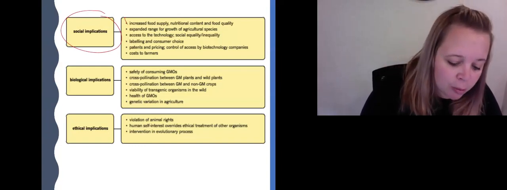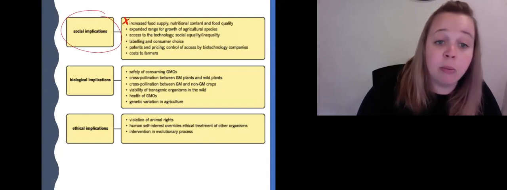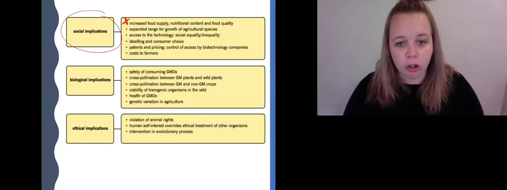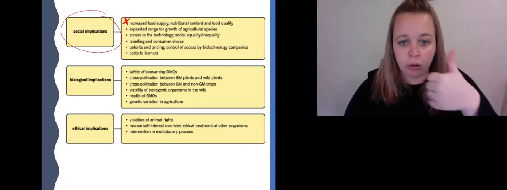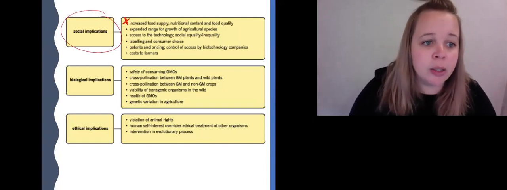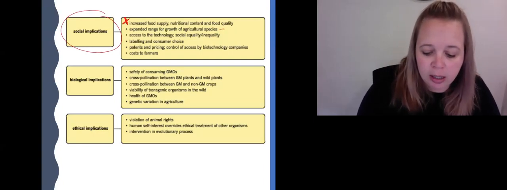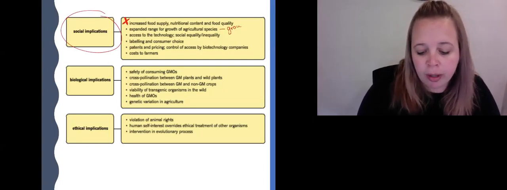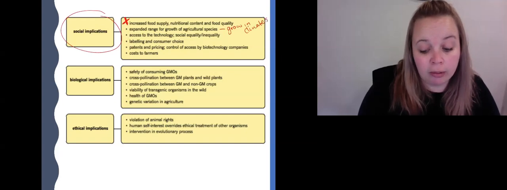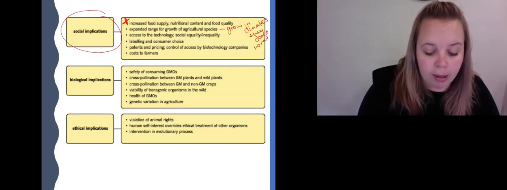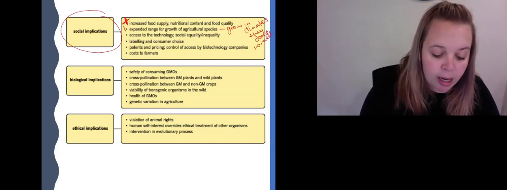So the number one benefit to society is you get more food supply, you can get better nutritional content, and you can get better food quality. That's a plus. The next one, you can get expanded range of growth for agricultural species. So this means they can grow in climates that they don't normally grow in.